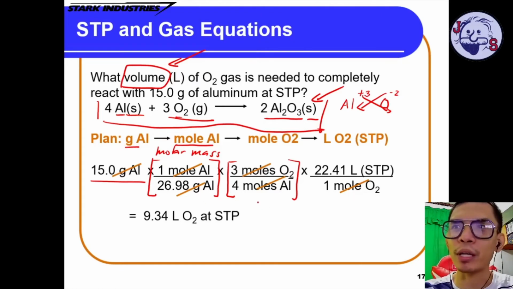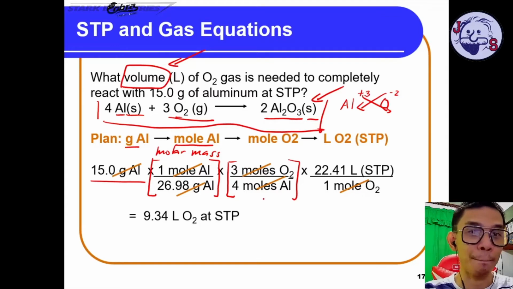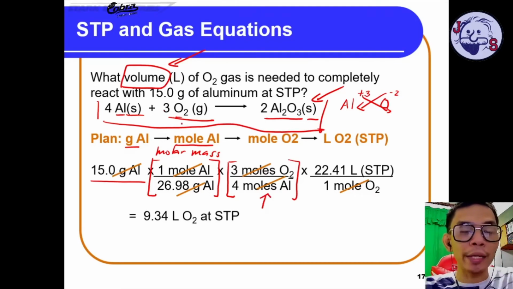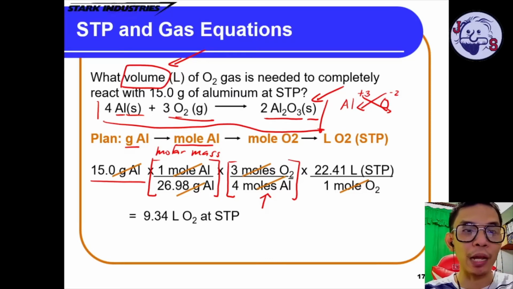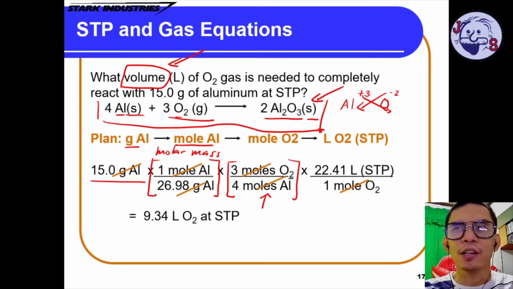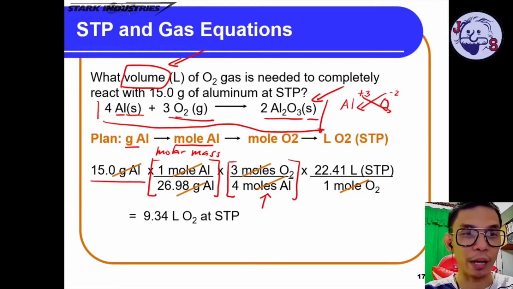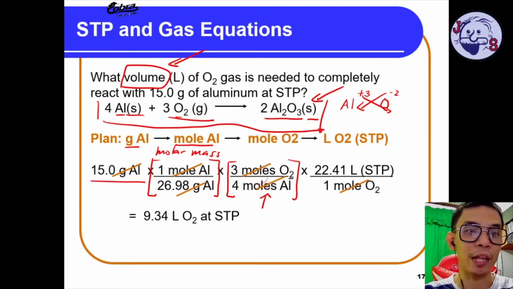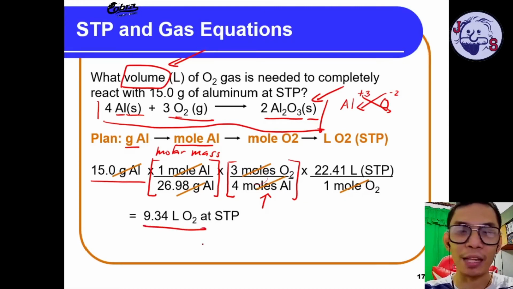All right, so where did this one come from? It came from the chemical formula itself. That is the reason why your chemical reaction must be correct, so that whatever ratio you put here at the middle will not affect your final answer.